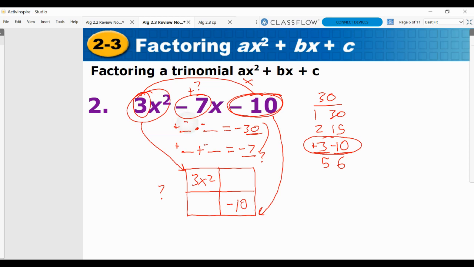So we're going to put positive 3 here, negative 10, positive 3, negative 10. They both work out to make negative 30. They both add up to make negative 7. So we're going to put them in the boxes here with an x next to them. So we have negative 10x.